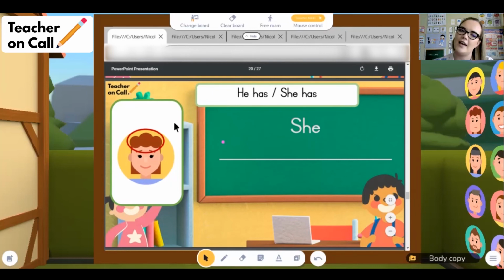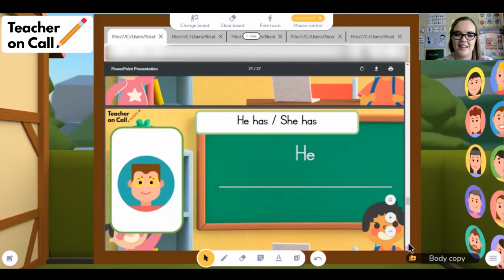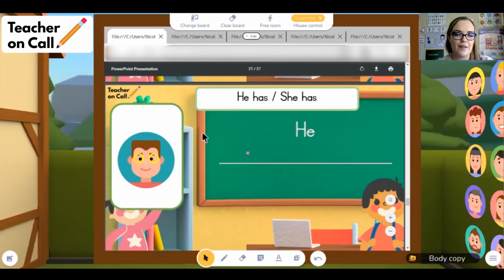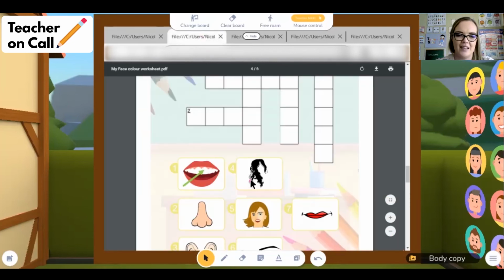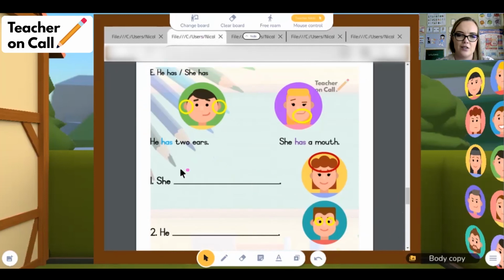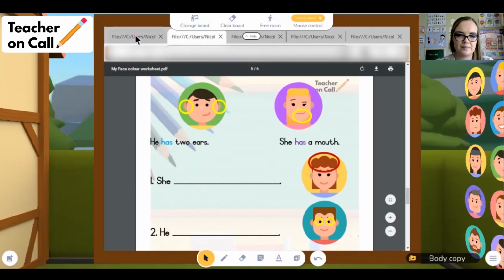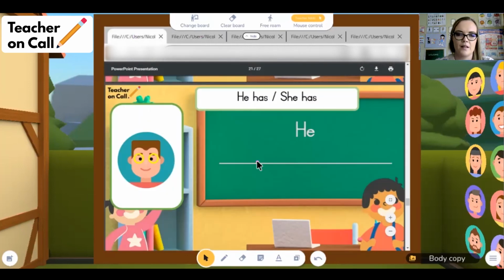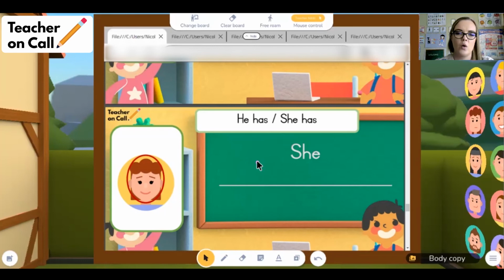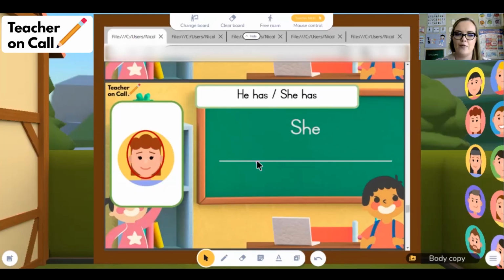So what does she have? She has, what is that answer? What does he have? He has, what could that be? And on your worksheets, you have got space to write the answer next to each question. What does she have?